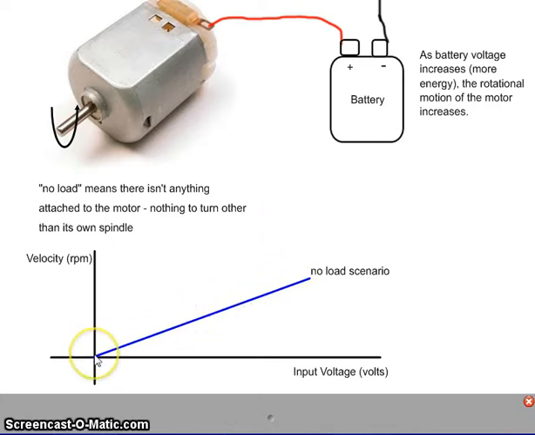With no voltage, of course, we get no spinning, and with greater and greater voltage, we get greater and greater output velocity, up to a certain point. There are some physical limitations here. If you tried to connect 1,000 volts to this battery, it's quite likely the battery would burn up and fail to operate within just a few moments. But other than that, it's a perfectly linear relationship.